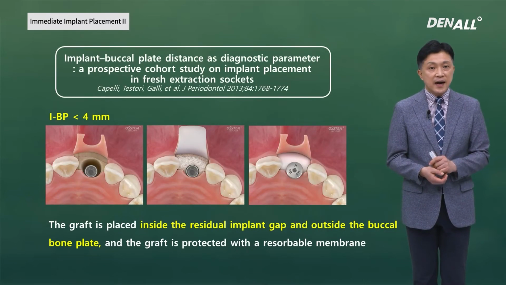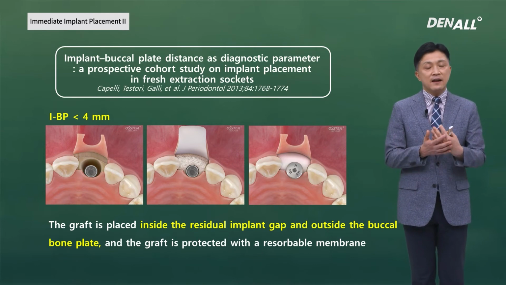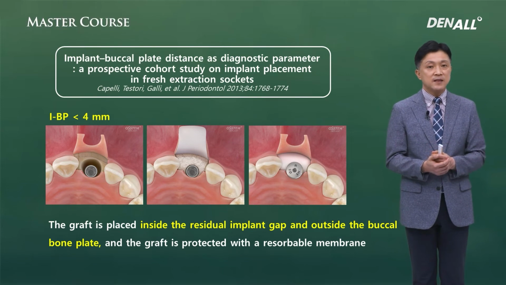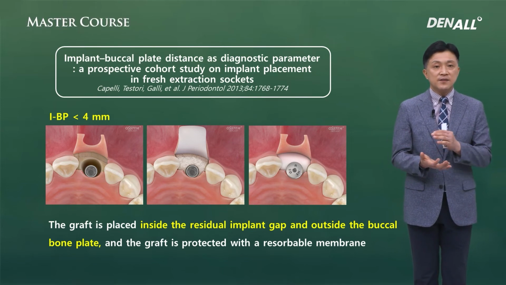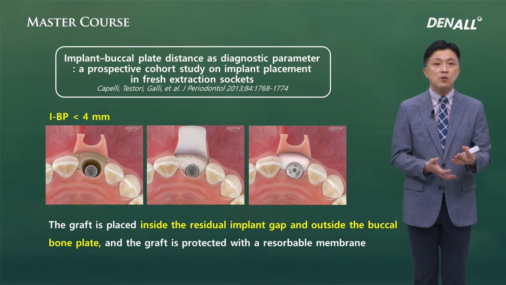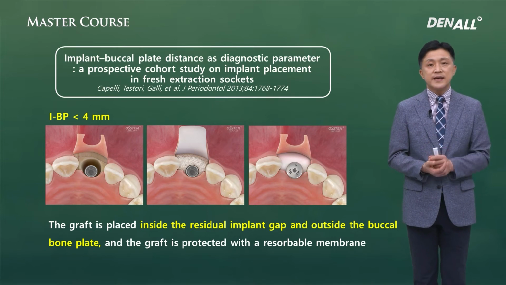If IBP is smaller than 4 mm, this means that the implant has been placed more labially or that the space is tight. In this case, you need to do internal and external graft along with membrane application. The standard is 4 mm. If it is smaller than that, you need to do both internal and external.